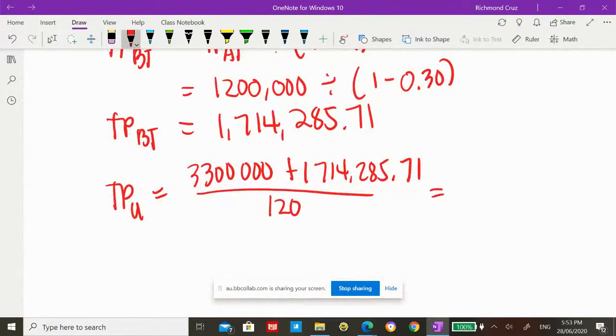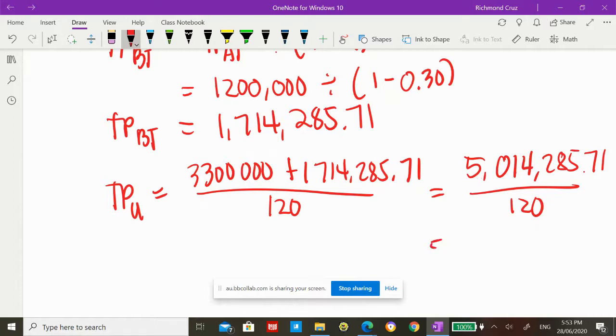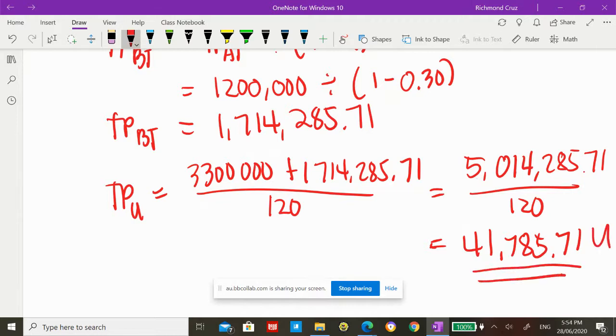Divided by 120, this will be 41,785.71 units. So, I should sell 41,785.71 units to have an after-tax profit of 1,200,000.